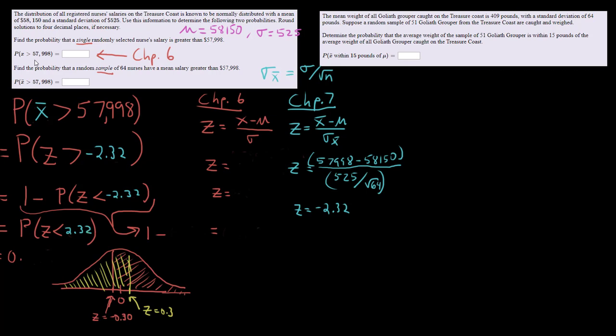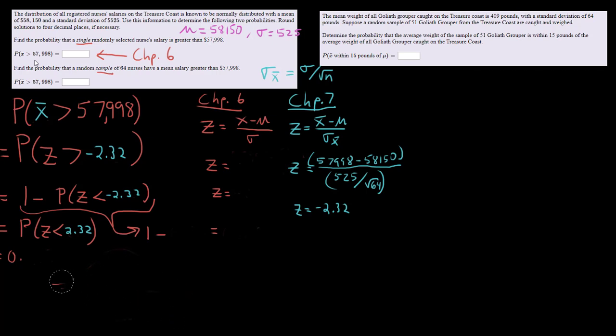Either one will work. Now let's erase that old picture, and we'll draw a new picture. You always want to draw a diagram to help yourself solve these. It's easier to visualize what's going on.